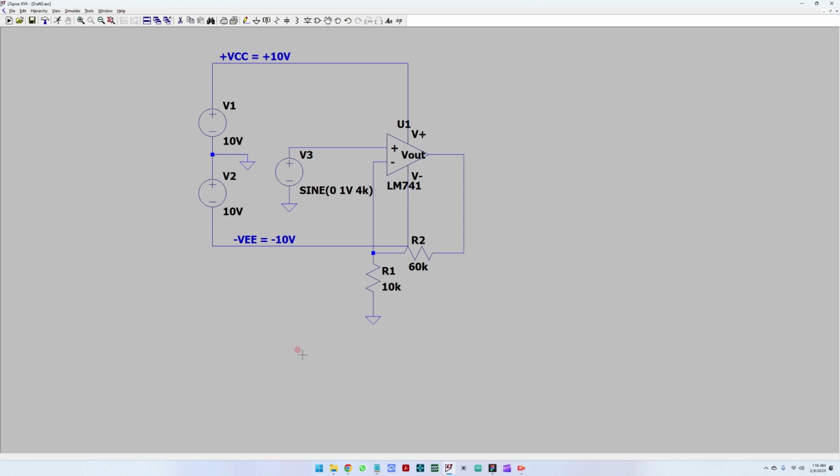So our circuit is complete. We have the output, and the feedback resistors going from the output to the inverting input. We have a beautiful 1 volt 4 kilohertz sine wave, so this should be fixed.